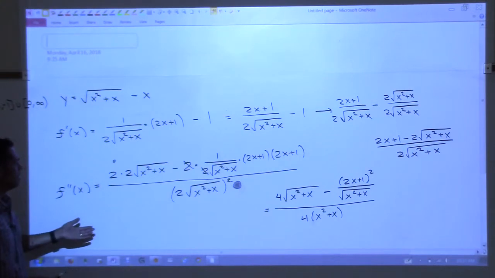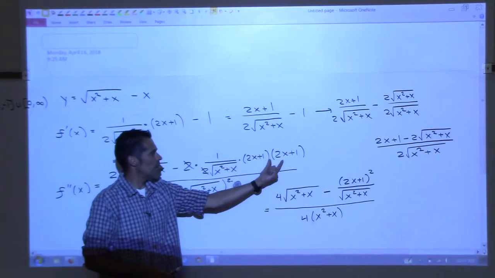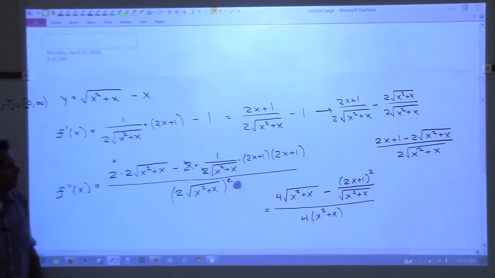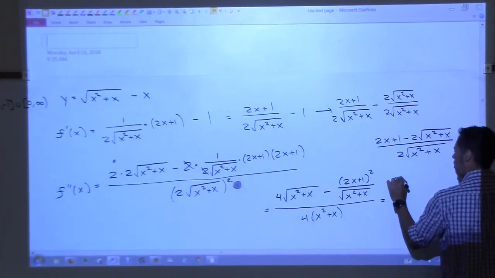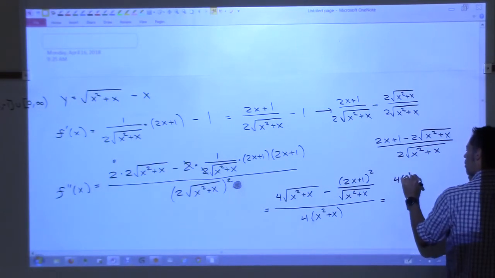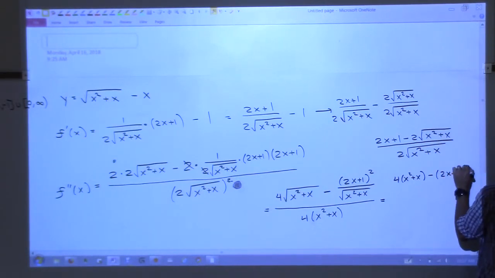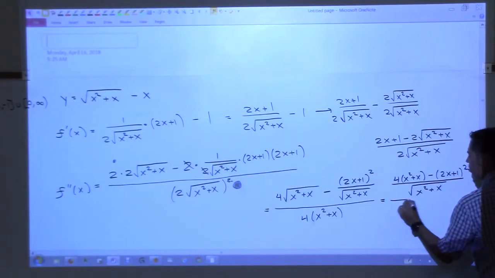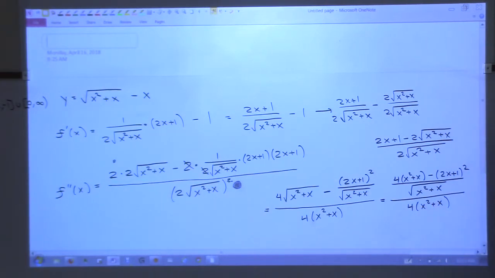Are y'all comfortable with what I did up on top? This squared over that root, 2's are gone. See if you follow my next line. 4 times x squared plus x minus 2x plus 1 squared over root x squared plus x over 4 times x squared plus x. Can you tell what I did there?